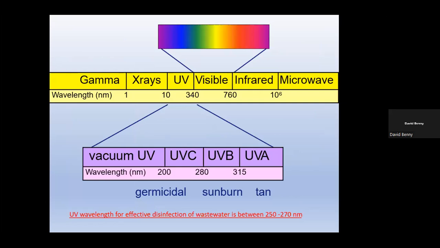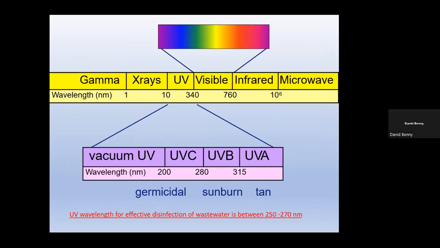UV radiation, I've put a graph here. It occurs between, let's say, 200 and 315 nanometers. Between 200 and 280 is germicidal in property.